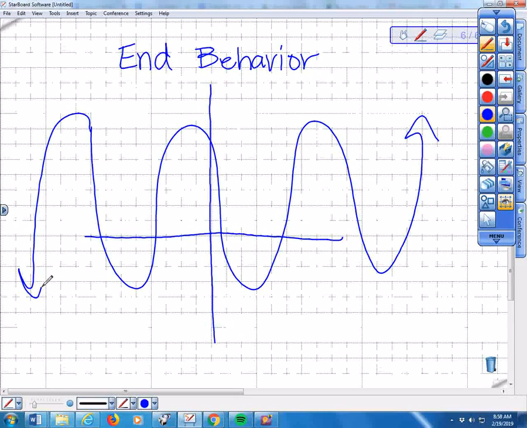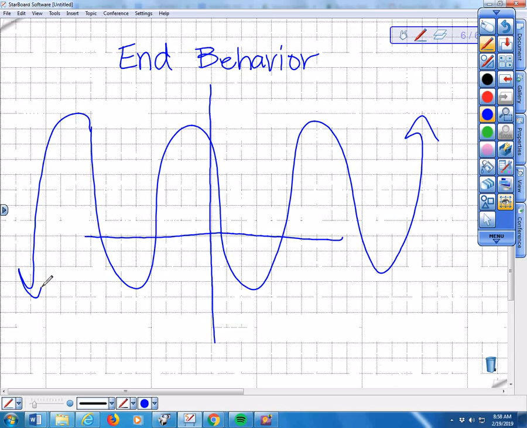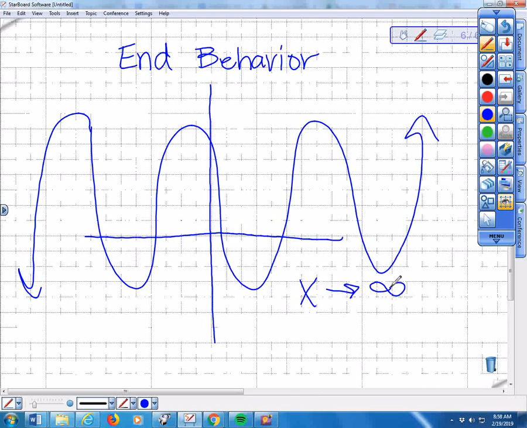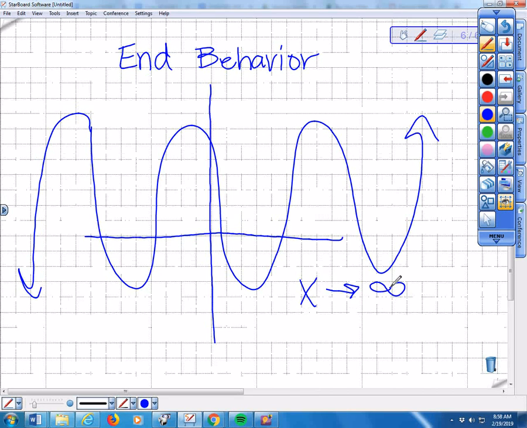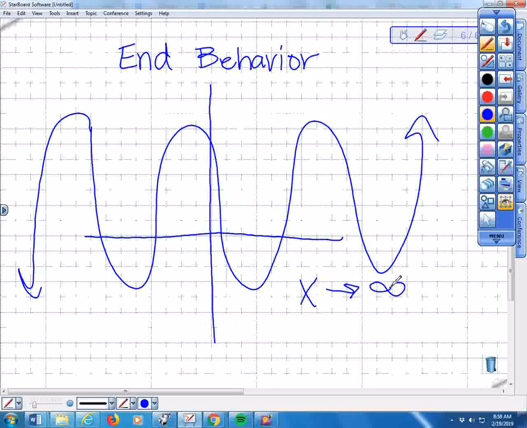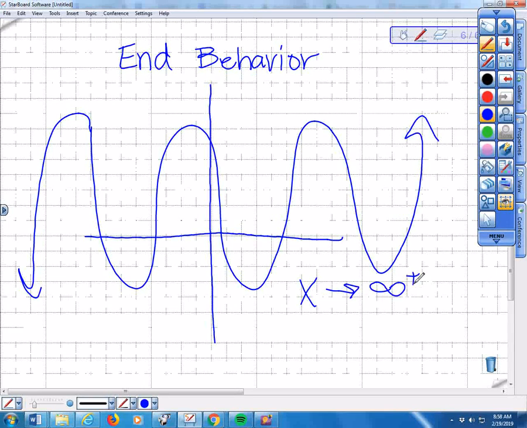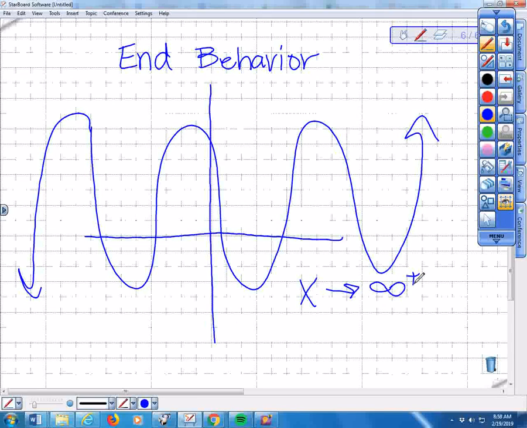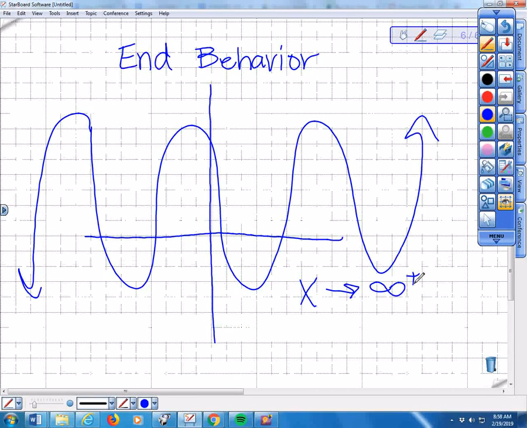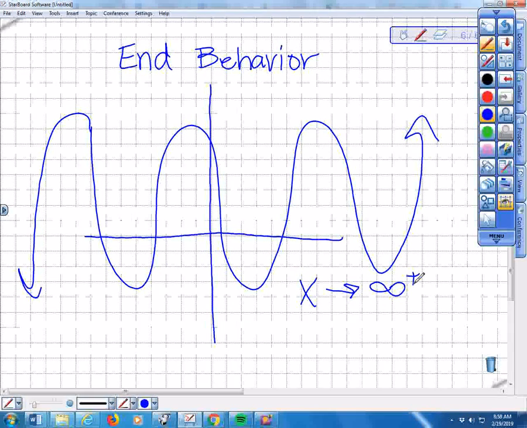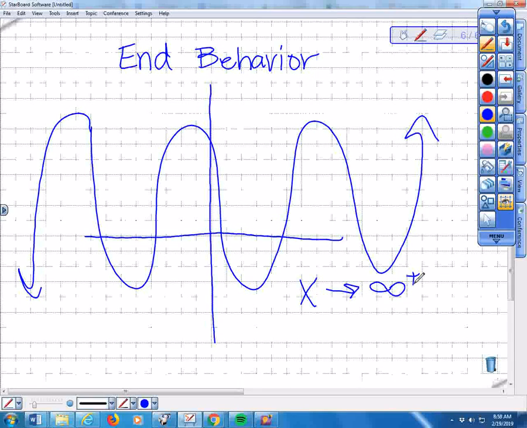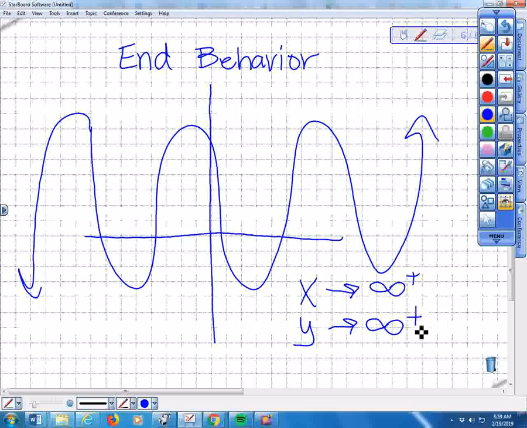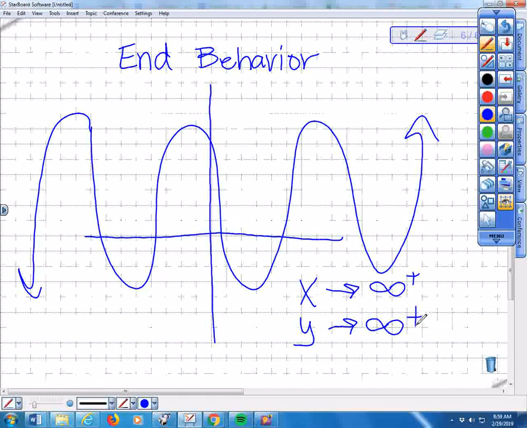I would describe this as: as x goes to infinity, as x is getting bigger and bigger to the right, we call that positive infinity. It's going positive to the right forever. Y on this end is going up forever, which is also positive infinity. So as x approaches positive infinity, y approaches positive infinity.